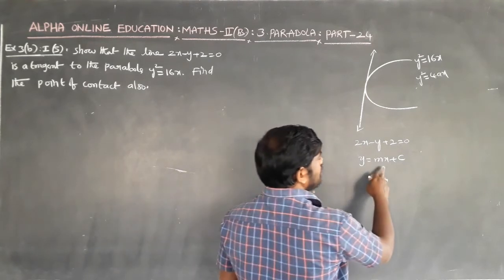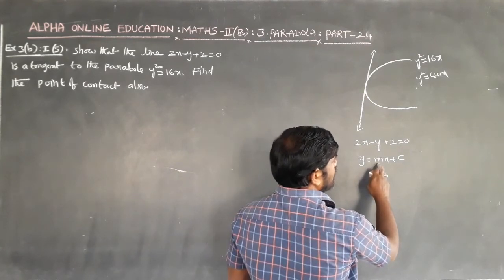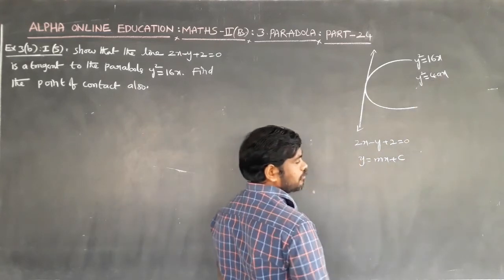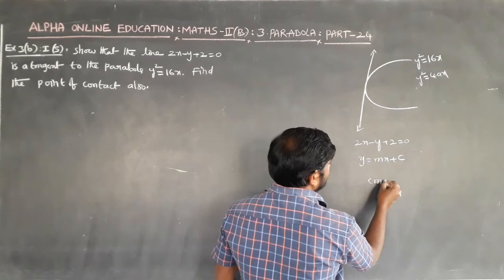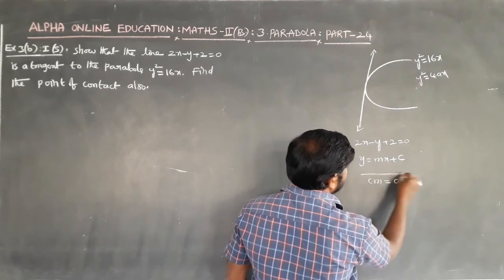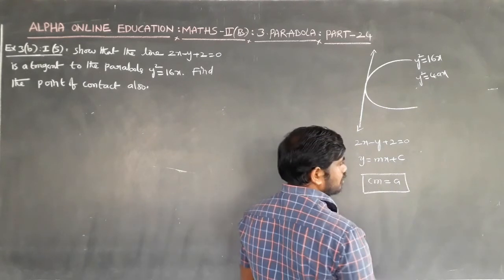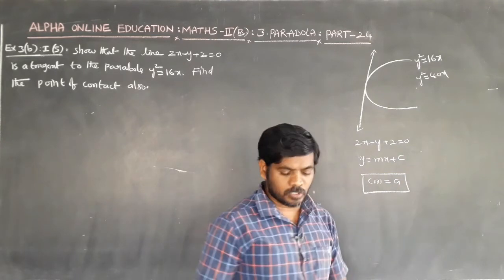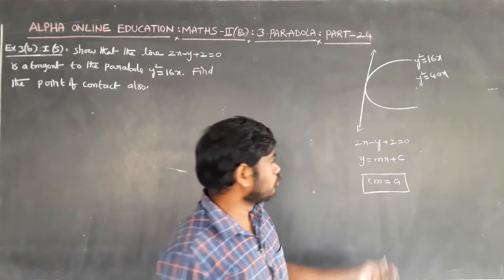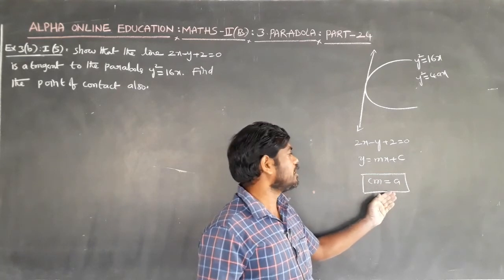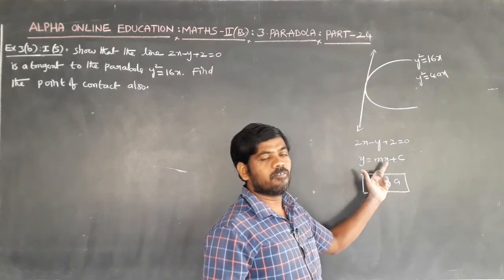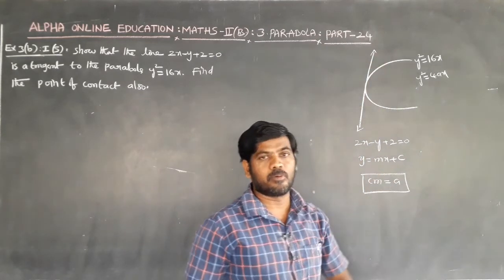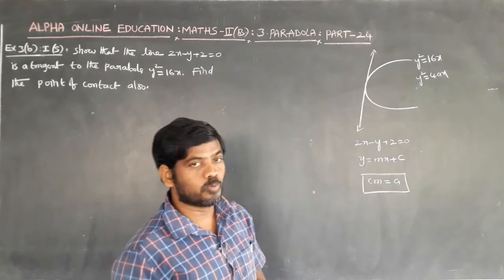Here the condition for the line y equal to mx plus c to be a tangent to the parabola y square is equal to 4ax is cm is equal to a. Here we prove that cm is equal to a, which means the line y equal to mx plus c is a tangent to the parabola y square is equal to 4ax.